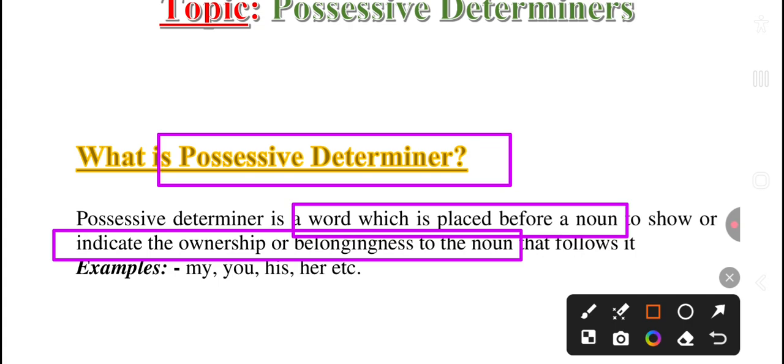For example, my, your, his, her, etc. All of these words act as possessive determiners.